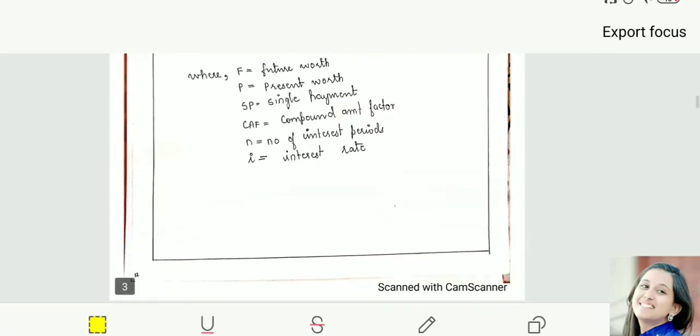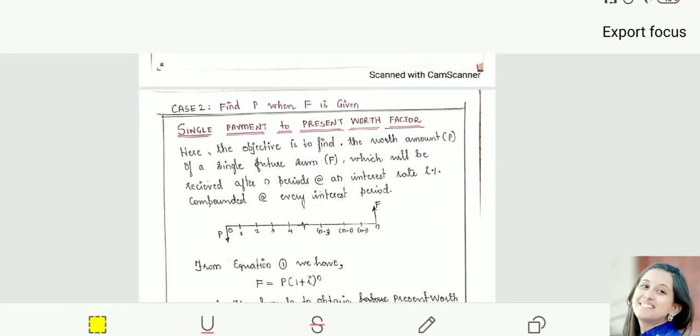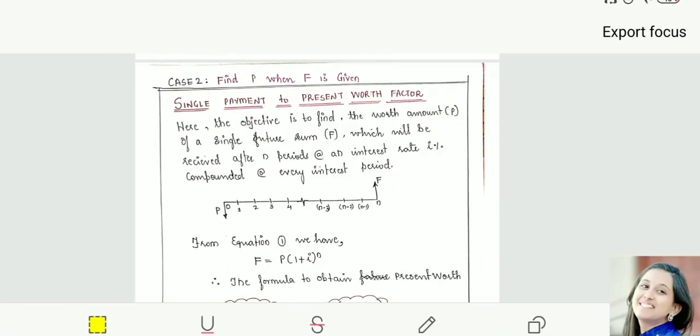Each and every terminology should be explained. Okay, so in the second case we will see finding out the present worth for the future value. What does that mean? For better understanding, if a person wishes to have a sum of rupees X for his daughter's education 10 years from now, he plans to deposit some lump sum amount today at a rate of interest of around 6-7%, or some y% compounded annually.